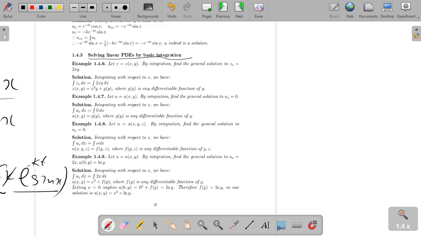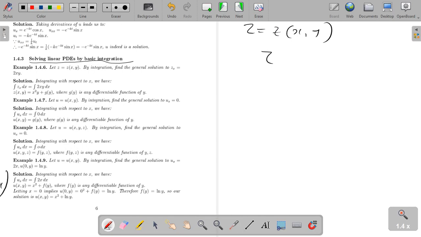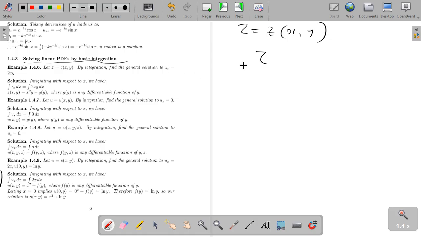The first question says let z be a function of x and y, and they give us that z of x is equal to 2xy. So what do we do? By direct integration, just put the integral sign everywhere.